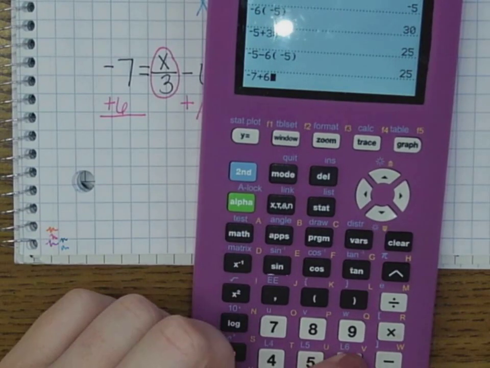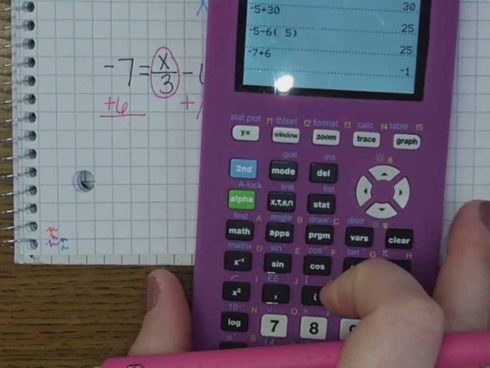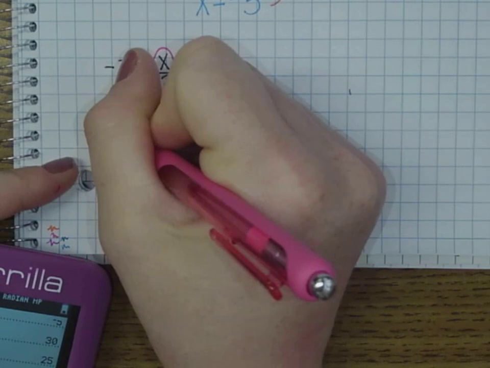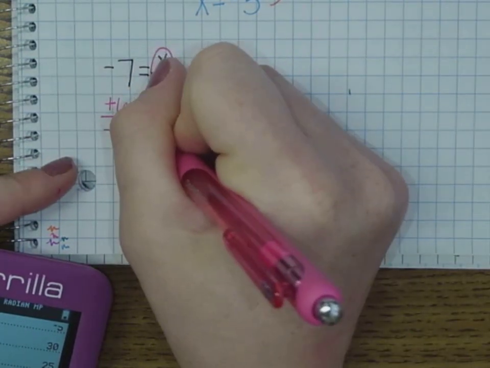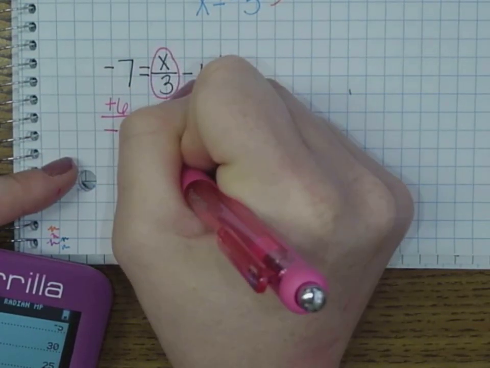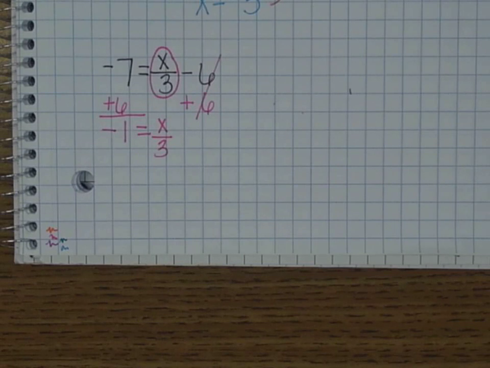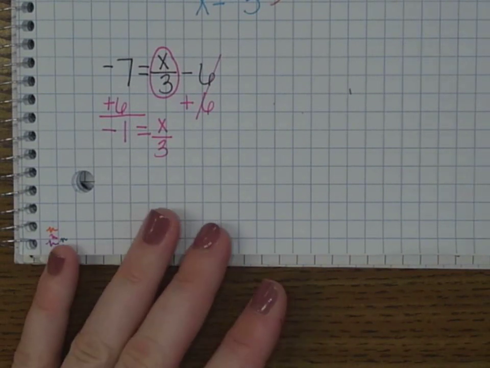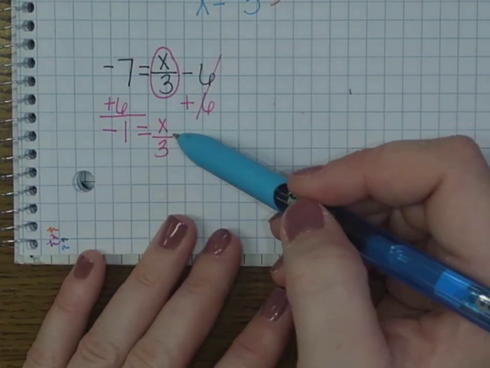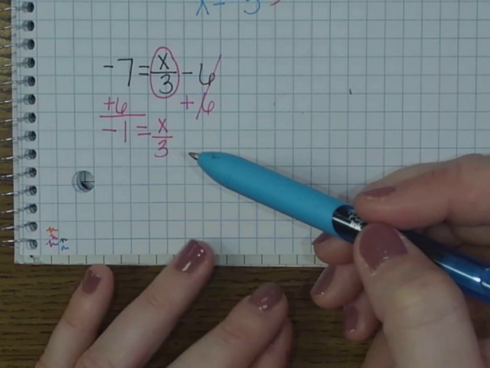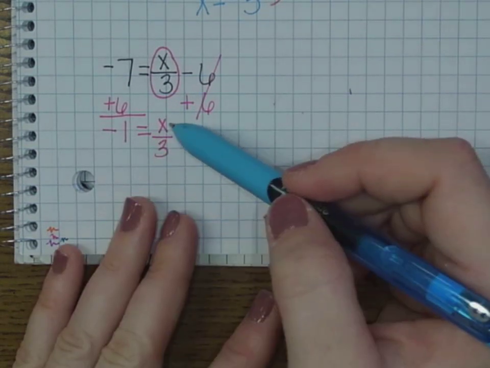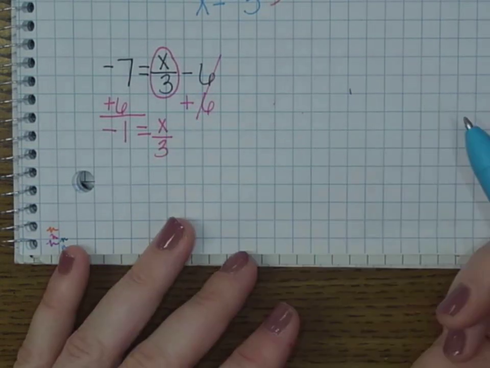Negative 7 plus 6 is negative 1 equals x divided by 3. Then we have x divided by 3, so you need to do the opposite of divide by 3.